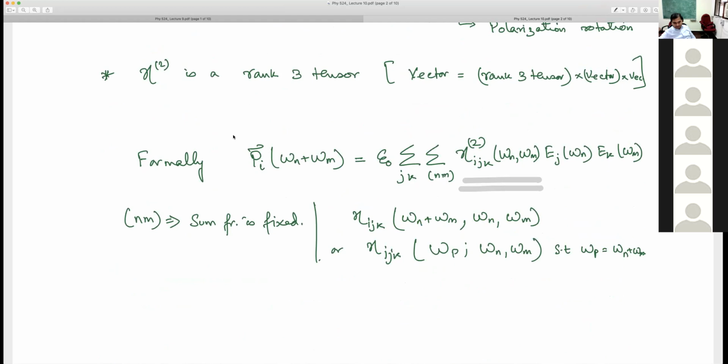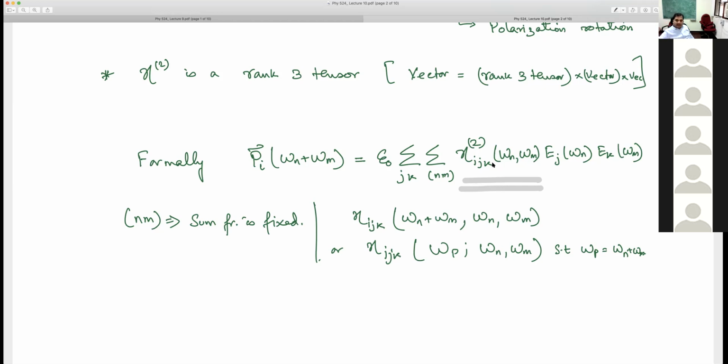So I'll have the formal definition here. The second order polarization correction is given by epsilon 0 times this quantity, which is one power of the electric field, which oscillates with frequency omega n, another power of the electric field, which oscillates with frequency omega m, and this chi2 ijk is a function of both of these frequencies, omega m and omega n. Okay. So that's the formal definition of the second order susceptibility.